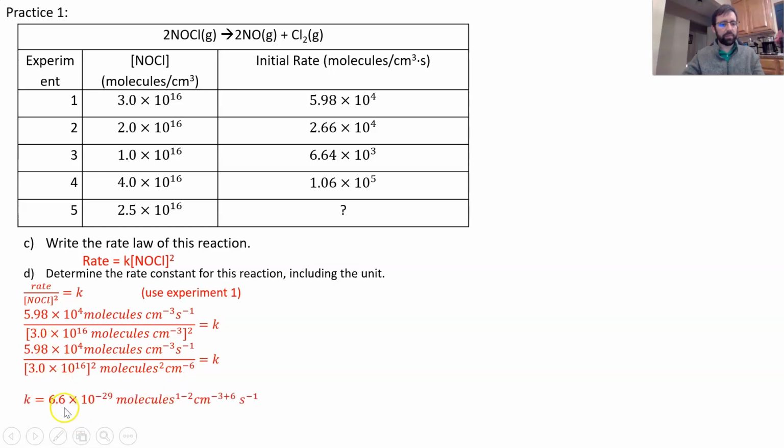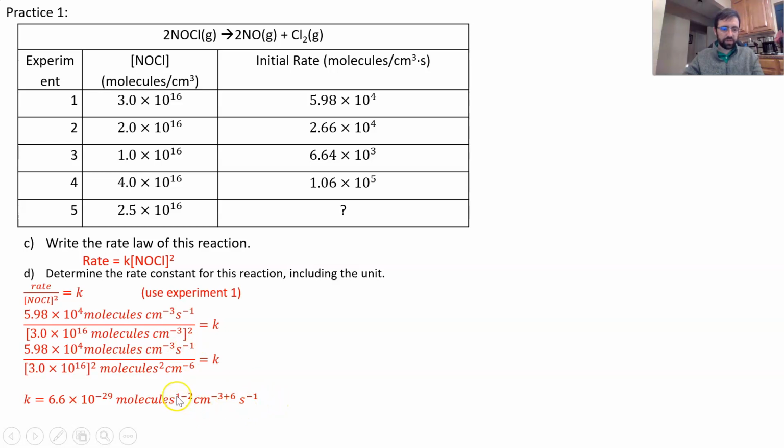When I do the math, I end up with 6.6 times 10 to the negative 29th. And now let's look at our units. Molecules up here, that's to the first power, minus the second power. Centimeters to the negative 3rd, minus negative 6, which is just plus 6. And then I have inverse seconds.